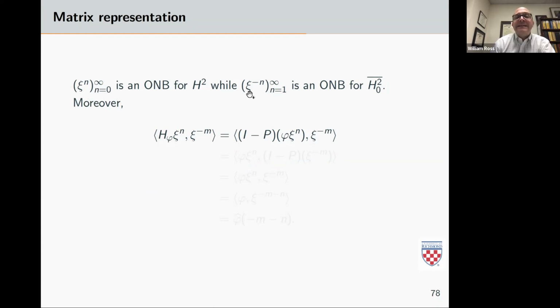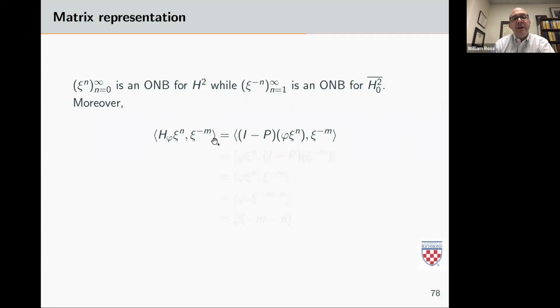And if I take c to the minus n for n equal to 1 to infinity, that's going to be an orthonormal basis for H2 0 bar. All right, let's figure out the matrix of H phi represented with respect to these two orthonormal bases.